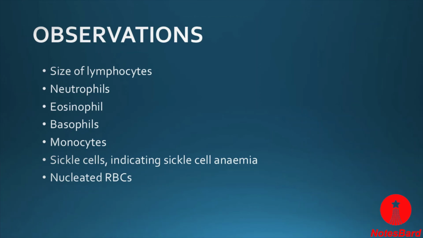Other observations include sickle cells, which indicate sickle cell anemia, a type of hereditary disease. Nucleated RBCs can also be observed in the patient, which is also an abnormality because normal RBCs are anucleated and do not have a nucleus.